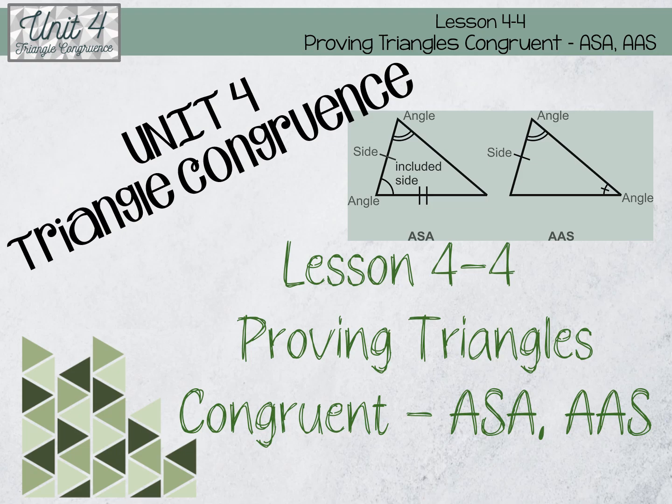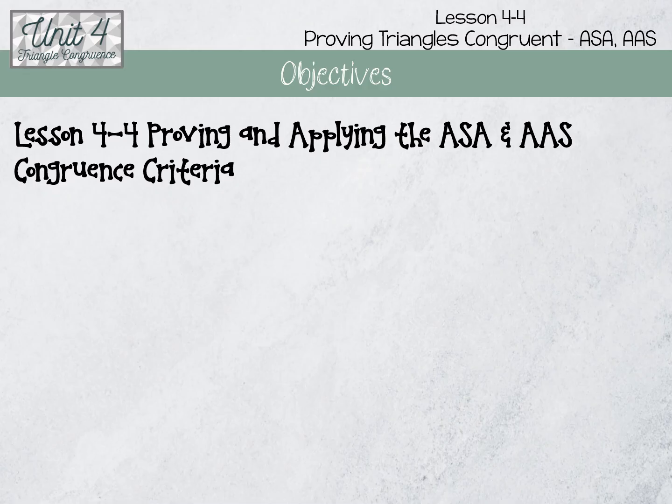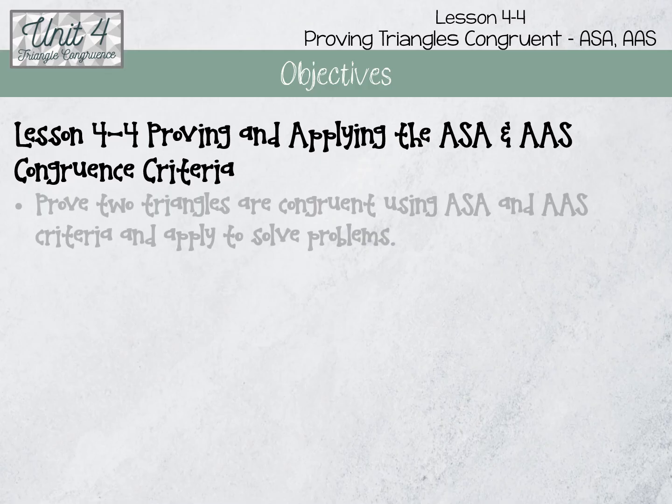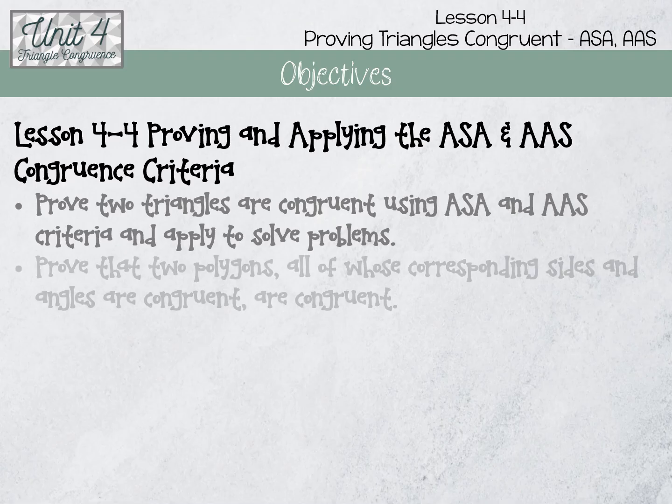Triangle congruence, proving triangles congruent, ASA and AAS. Alrighty then, let's go. Lesson 4.4, proving and applying the ASA and AAS congruence criteria. Prove two triangles are congruent using ASA and AAS criteria and apply to solve problems.